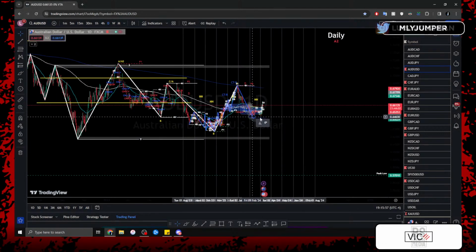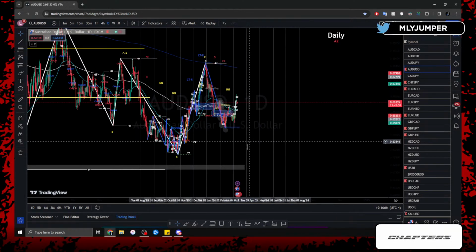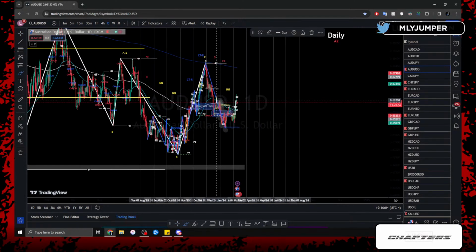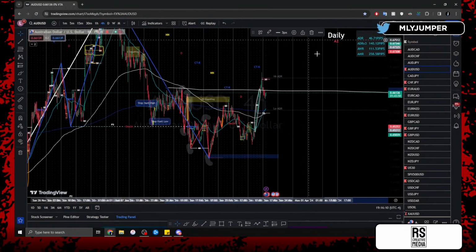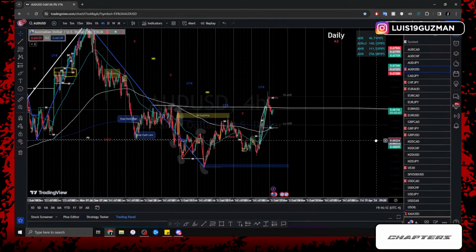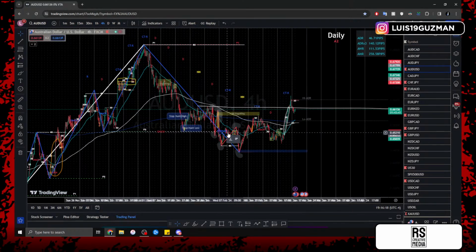This is what we were talking about for the last 2 weeks: if price breaks above these highs here, then price is going to want to continue to go up. So we go to the 4-hour. In the 4-hour, we had higher high, higher low, higher high, lower low, change of character. So in the 4-hour, we have a change of character.